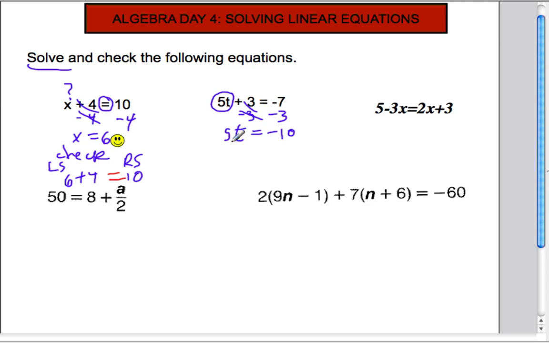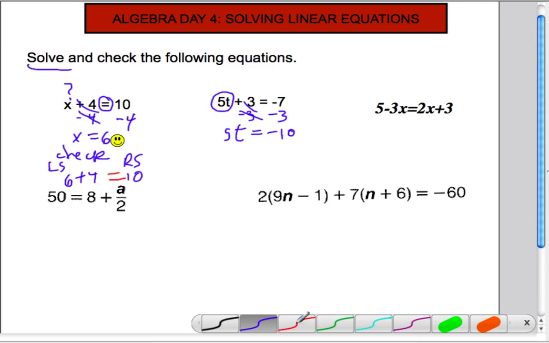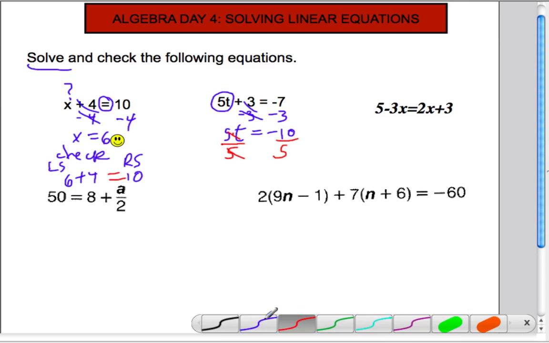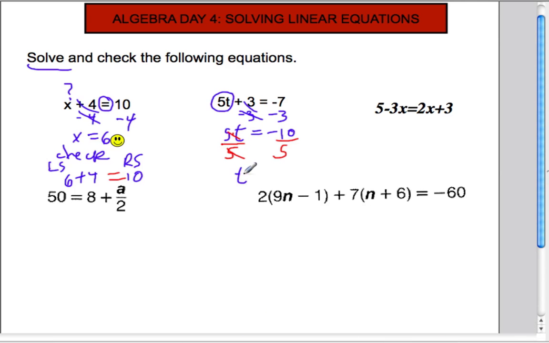Now you want t to be isolated. Well, what's been done to t? t has been multiplied by 5. So to undo that, we are going to divide by 5. And notice that we always do it to both sides. So what we've got is t is equal to 4 over 5.